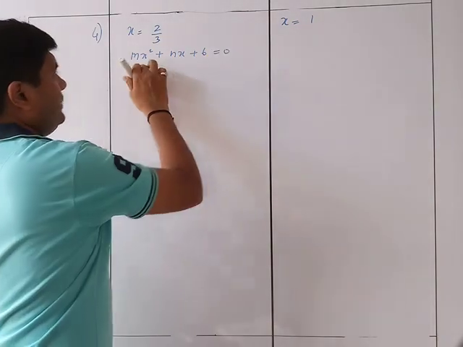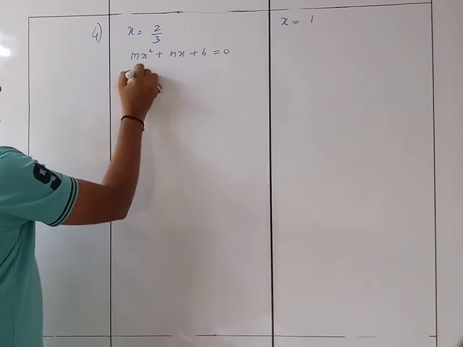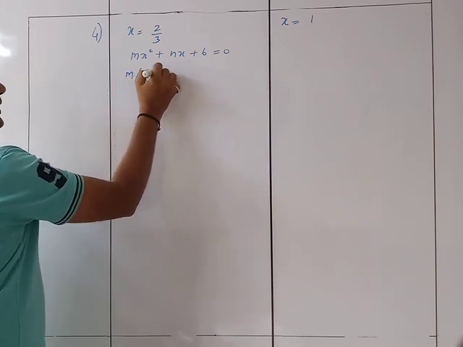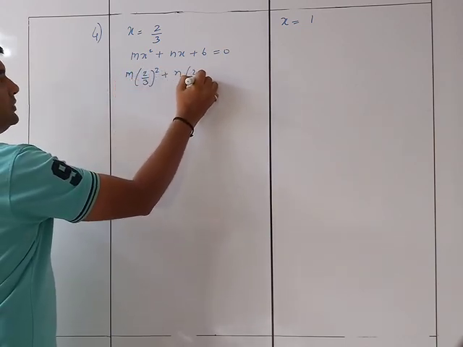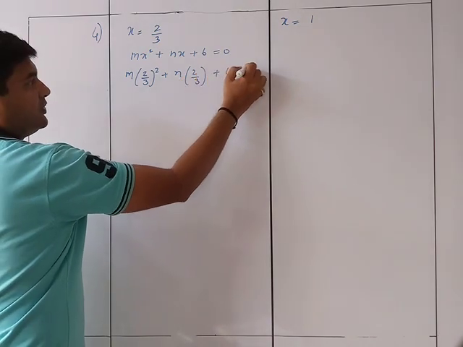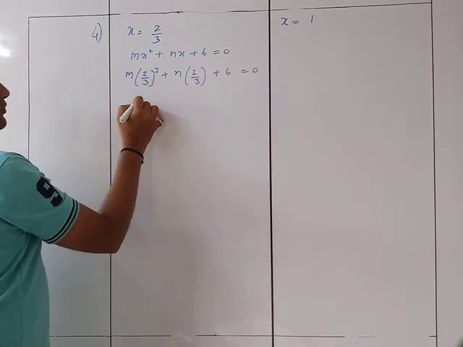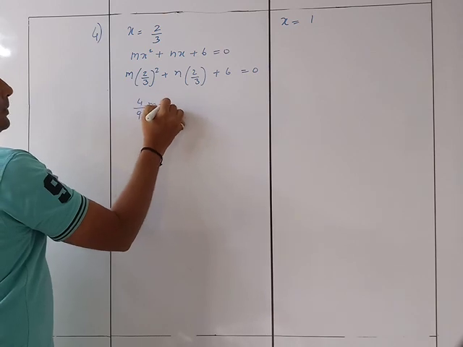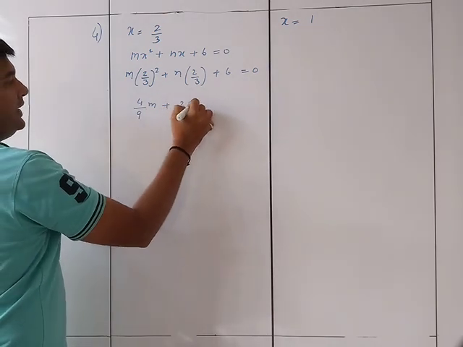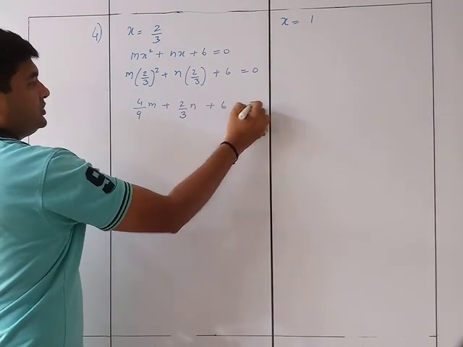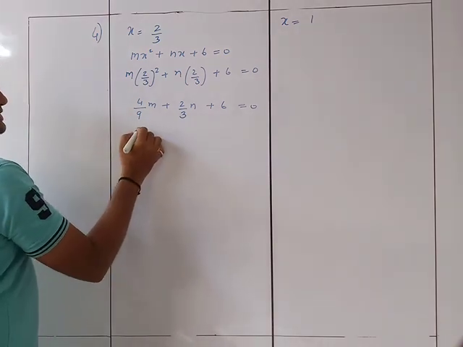Right? Now we are just going to place these values. So it will be m into 2 upon 3 the whole square plus n into 2 upon 3 plus 6 is equal to 0. So this will be 4 upon 9 m plus 2 upon 3 n plus 6 is equal to 0. Accordingly we get LCM is equal to 9.